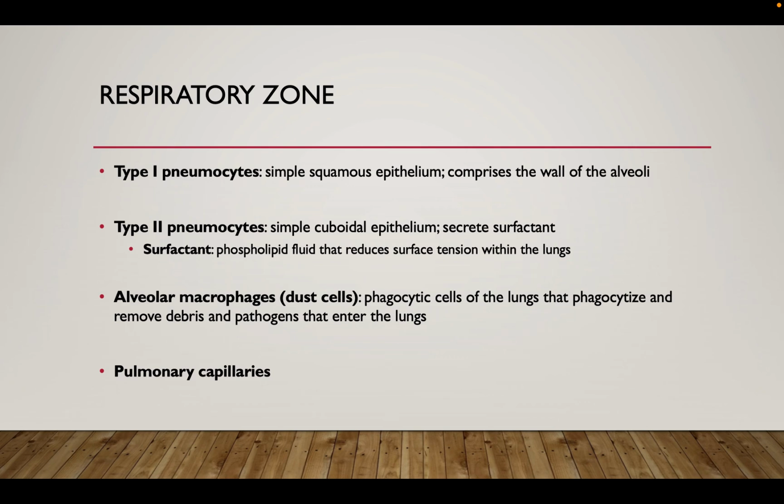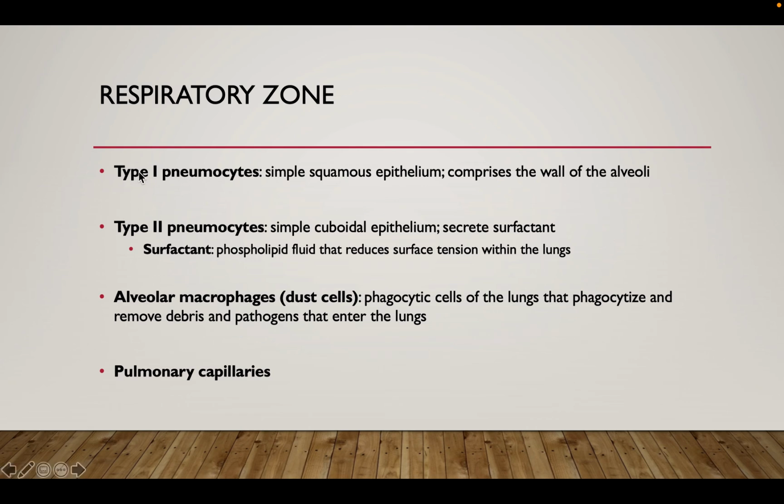So now their surface tension has increased within their lungs, and they can have something called IRDS, or infant respiratory distress syndrome. So premature infants will be given an injection of a corticosteroid, and this will increase surfactant production that will aid in the breathing of these premature infants.